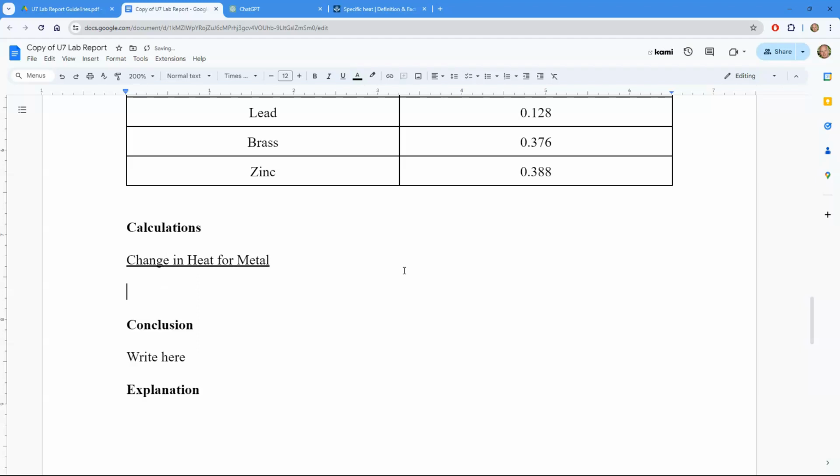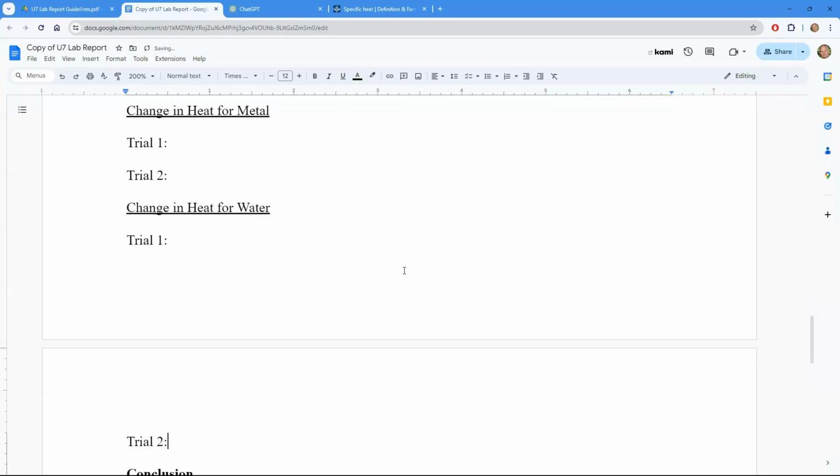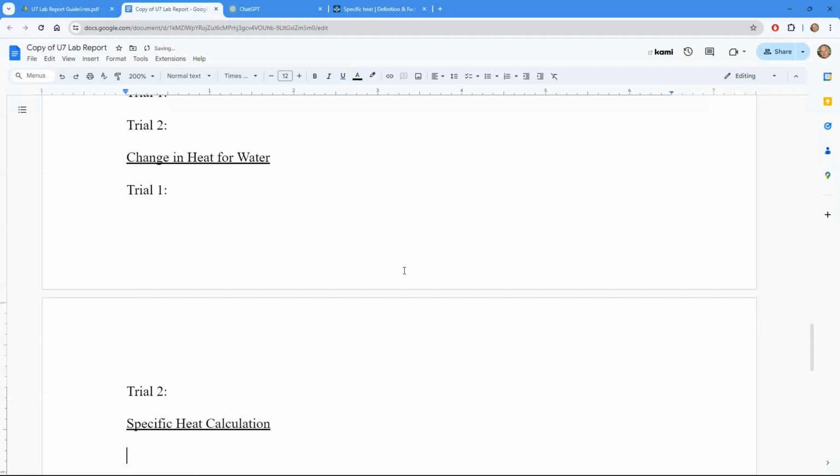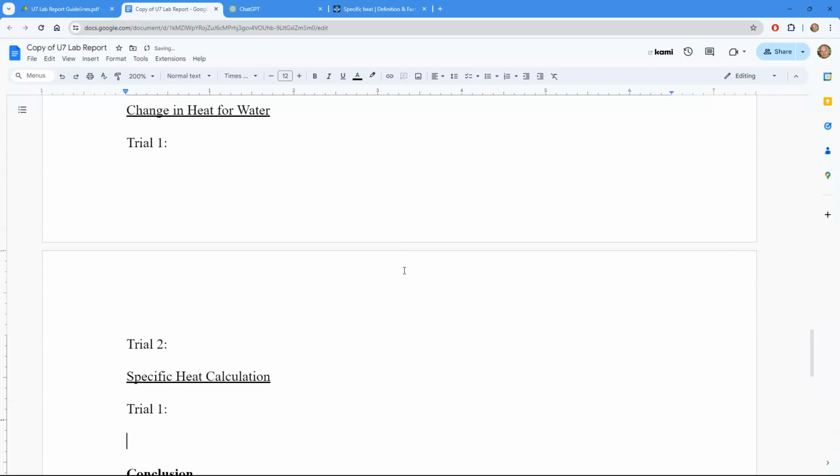And then I'm going to do trial 1 and trial 2. Next I'm going to have change in heat for water, and then trial 1, and then trial 2. And then finally, I'm going to do the specific heat. Trial 1, trial 2.